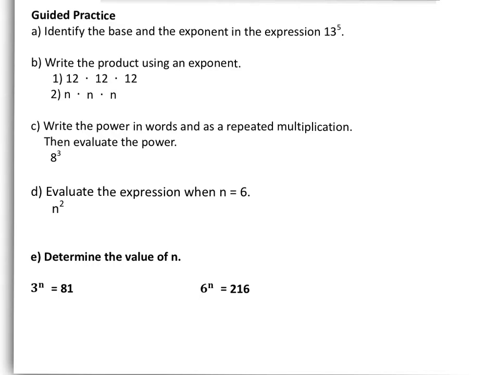Let's take a look at some guided practice problems here. A. Identify the base and the exponent in the expression 13 to the 5th power. The base will be 13, and the exponent will be 5.